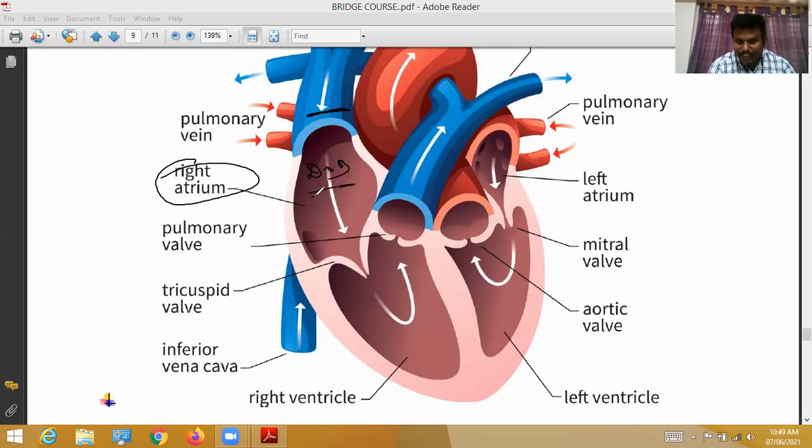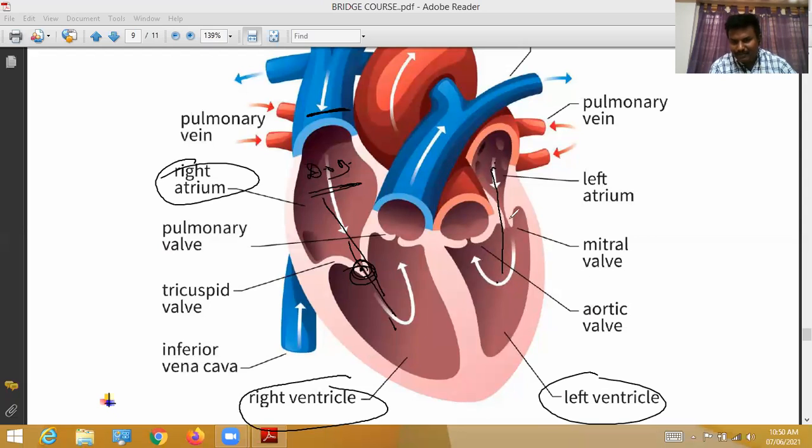From the right auricle, deoxygenated blood enters the right ventricle through a hole. About that hole you will study later. Next, from the left auricle, the blood enters the left ventricle.